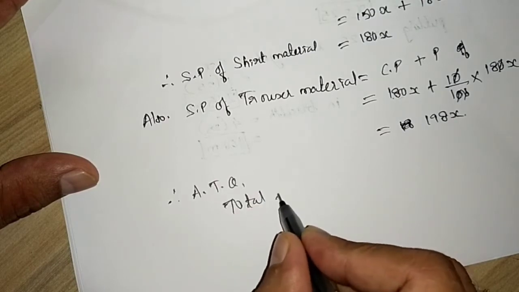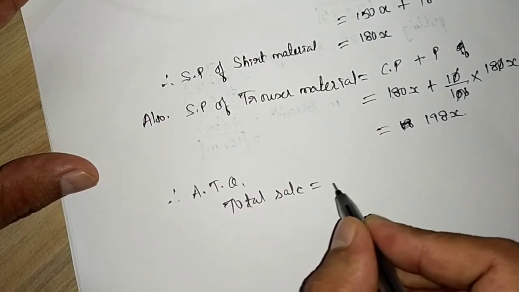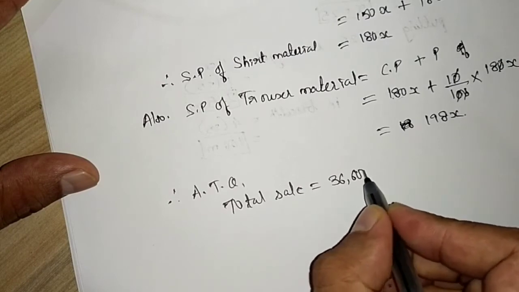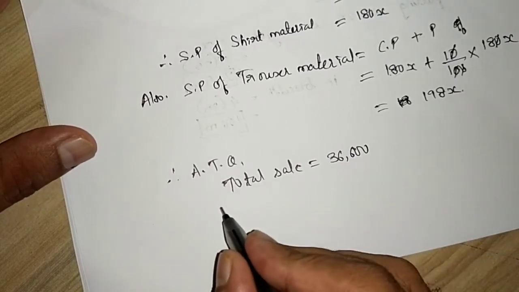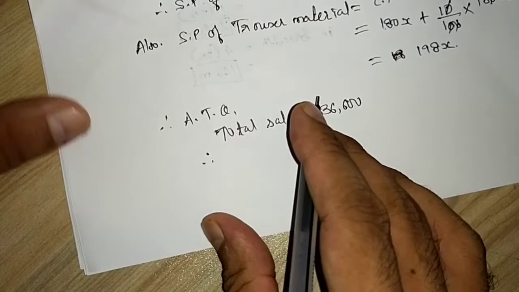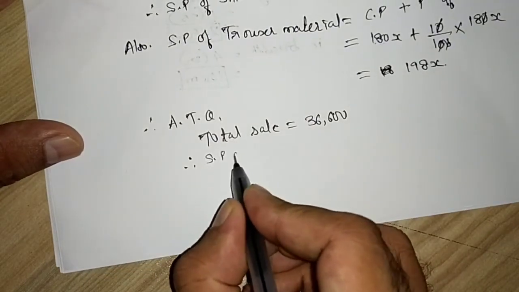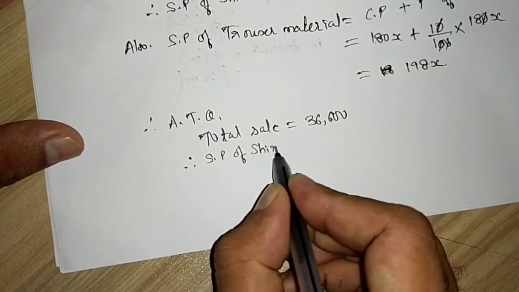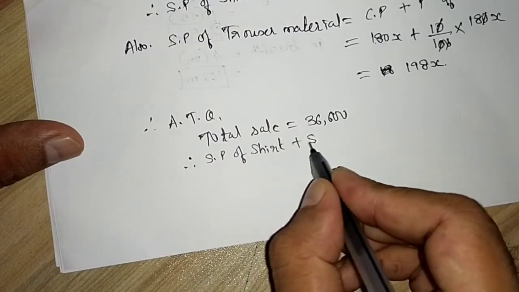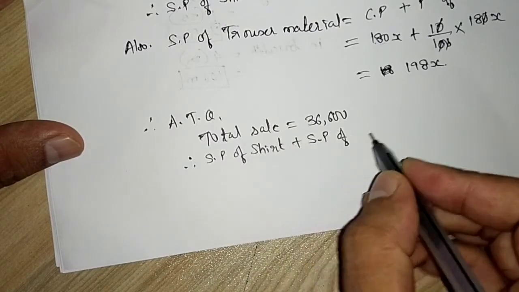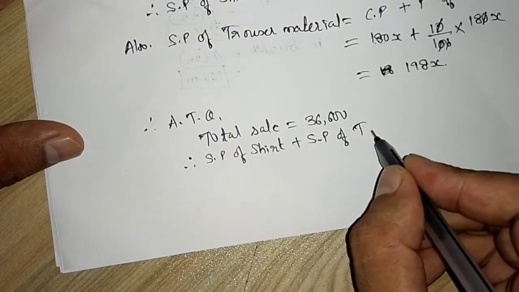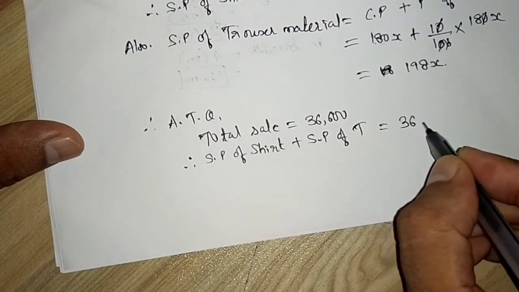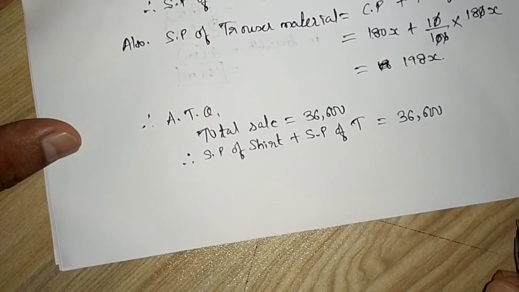total sale is equal to 36,600. And what is total sale made up of? Selling price of shirt plus selling price of trousers is equal to 36,600.